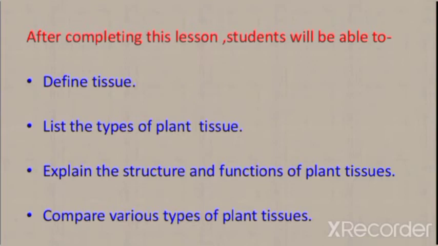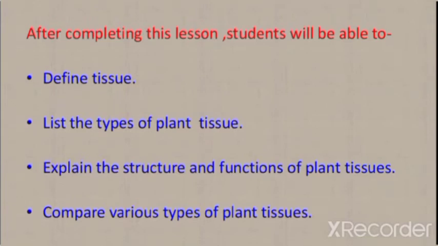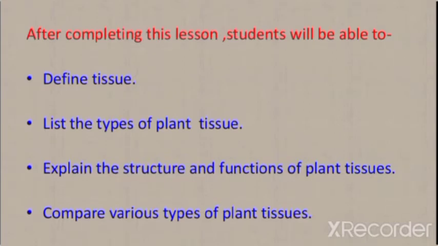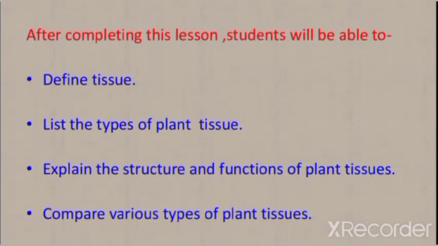You will be able to identify the different types of plant tissue. You can explain the structure and function of tissue, and you can compare the different types of plant tissue. So these are the things that you will be able to do after completing the chapter.